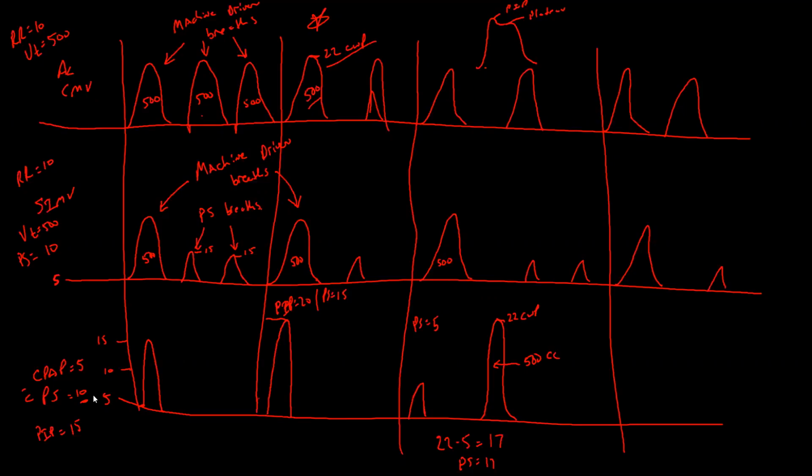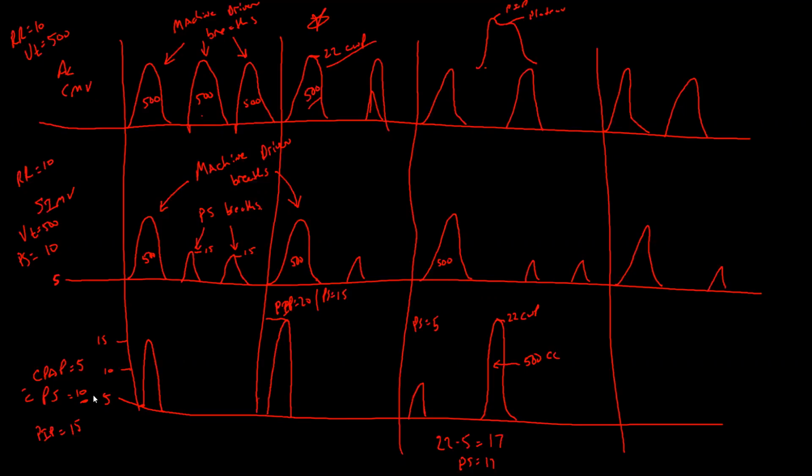When you're in assist control and that patient instigates a breath, they're going to get the rest of that breath no matter what, unless they hold their breath or cough against it and it increases the pressure too high. The assist control breath will give the entire breath, even if the patient didn't want the entire breath. Pressure support breath, it only helps you while you're helping yourself.